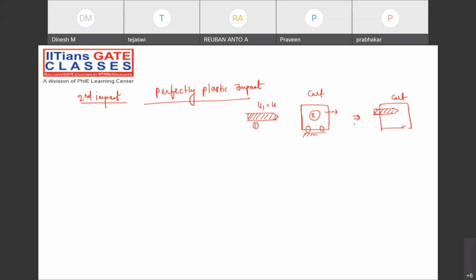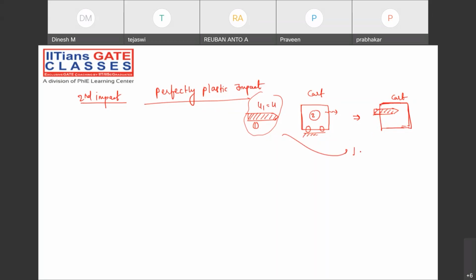Tell me, guys. Whatever the initial kinetic energy is, the total kinetic energy goes into deformation only. Yes or no, guys? Because when it is going to embed, it has to deform this particular cart, then only it is going to enter, and all the kinetic energy will be gone in deformation only.